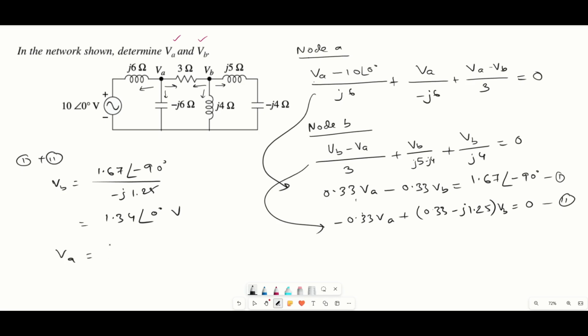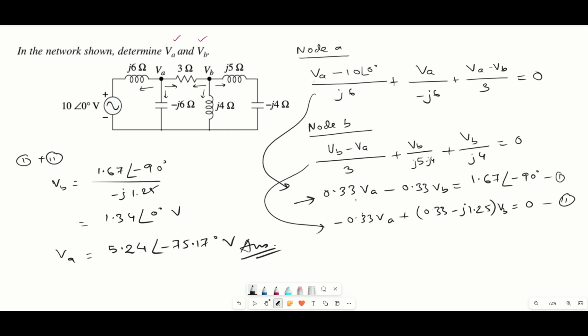Similarly, we can determine the value of VA by putting the value of VB in one of the equations. Let us consider this equation. Putting the value of VB here, we get the value of VA as 5.24 angle minus 75.17 degree. So this is as simple as that. For the circuit, we have the values of VA and VB here. Like this, we can solve any numerical considering nodal analysis.